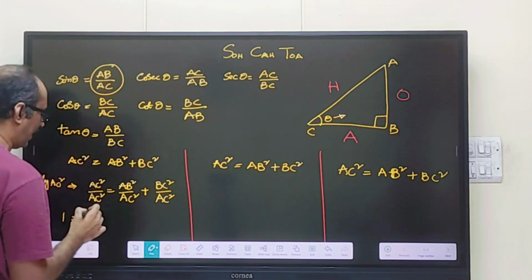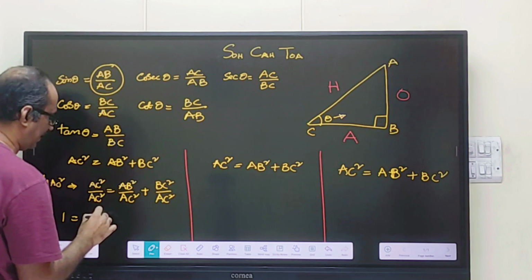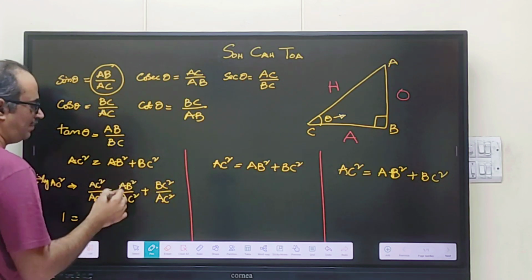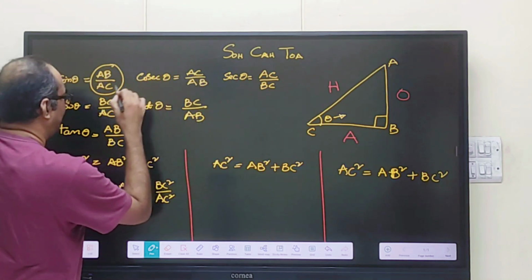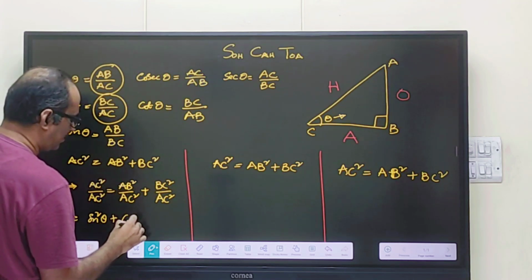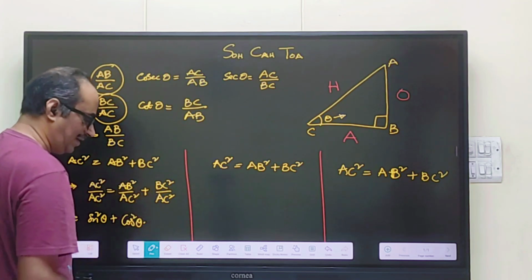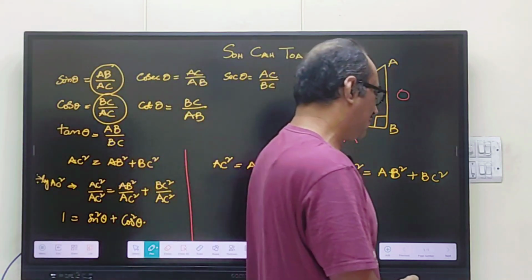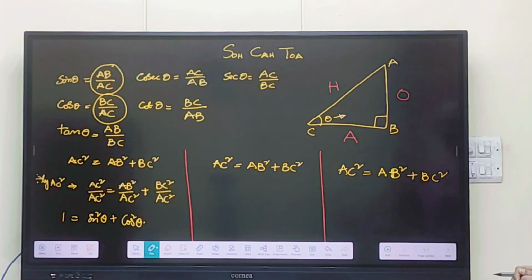Here, sin theta whole square, that is sin square theta, plus BC by AC whole square is here, that is cos square theta. So our first identity is sin square theta plus cos square theta equals 1.